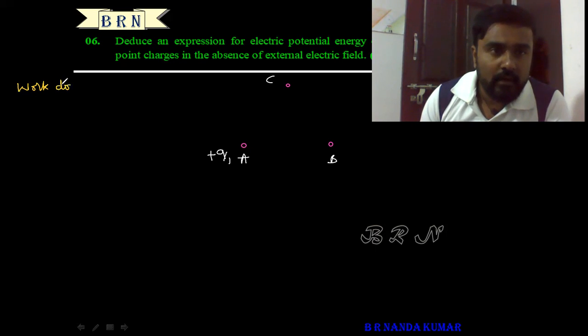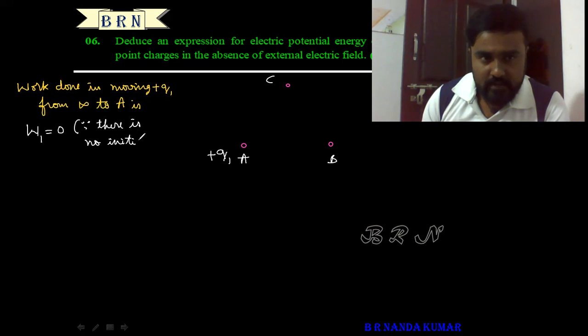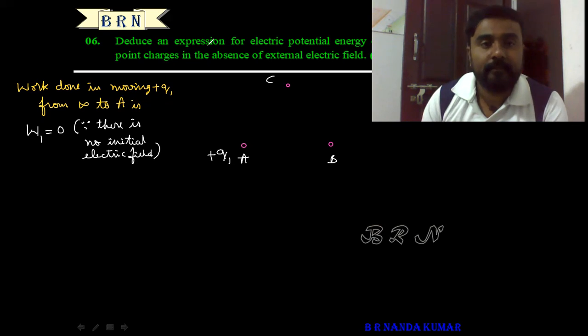Work done in moving plus Q1 charge from infinity to point A is 0 because there is no initial electric field.